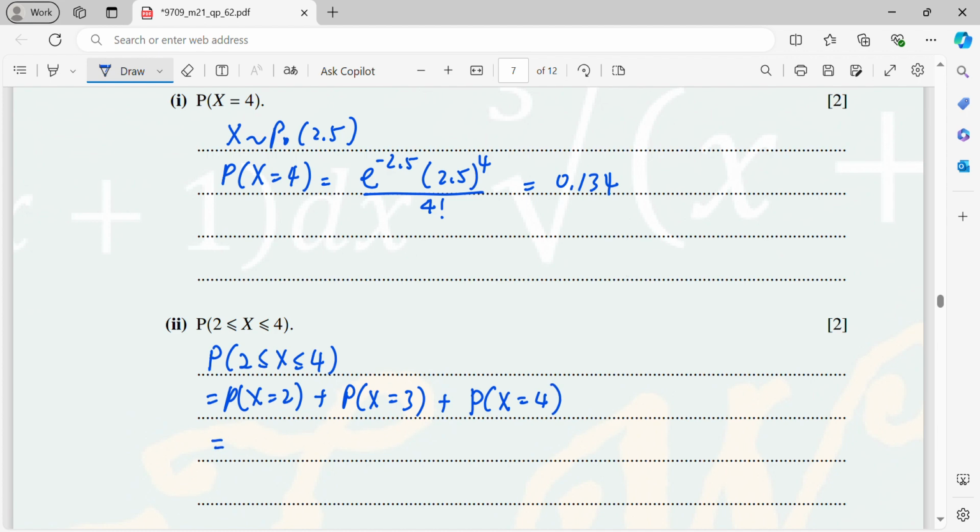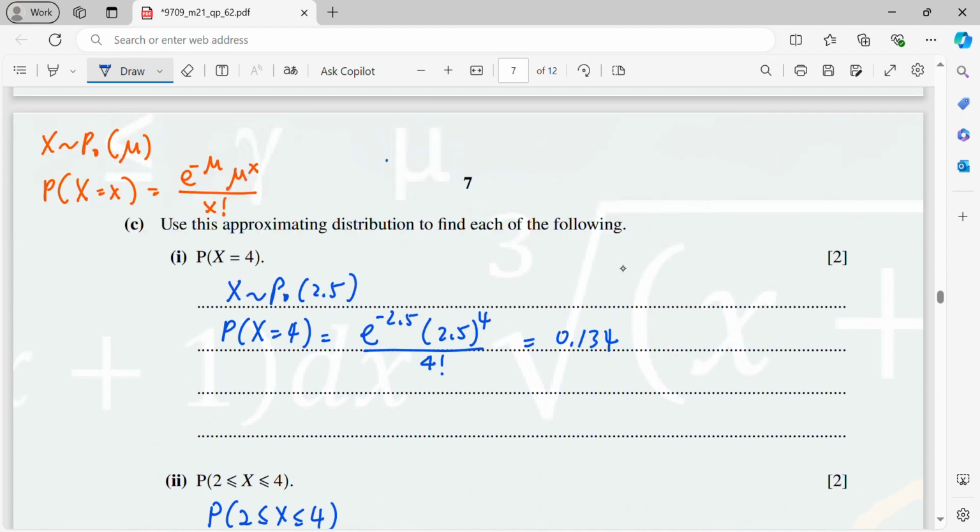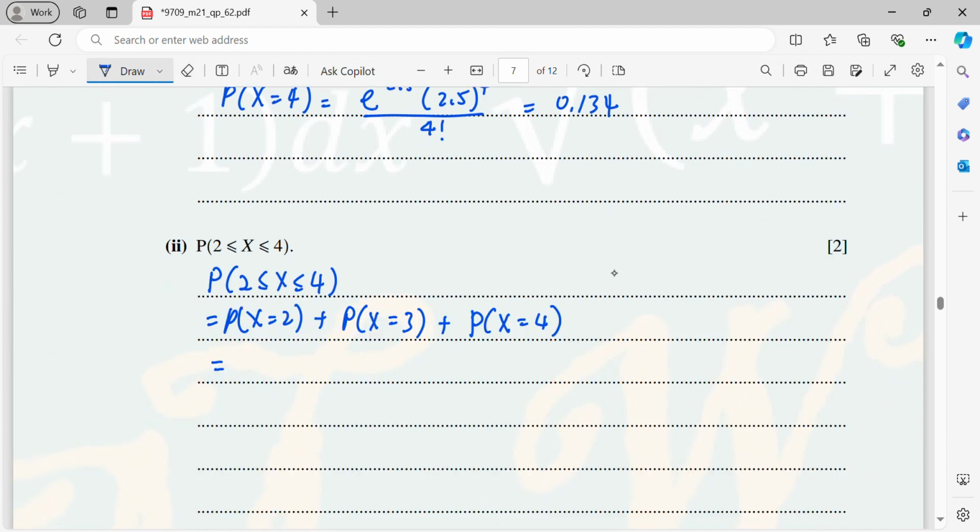Now, when you look at the formula, this e to the minus mu is constant. It means it's fixed. The only variable, the one changing, is mu to the x over x factorial. Since e to the minus mu is fixed for all calculations, I will just factorize this exponential first for part 2. So here I factorize e to the minus 2.5.